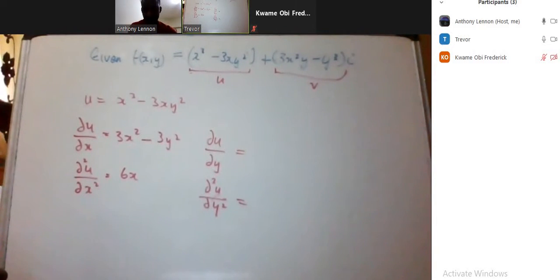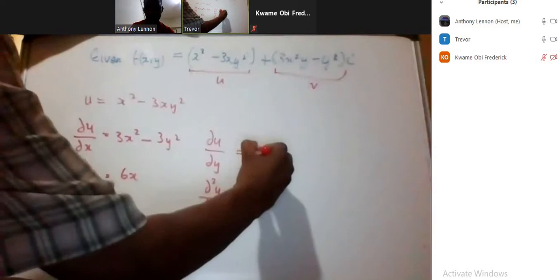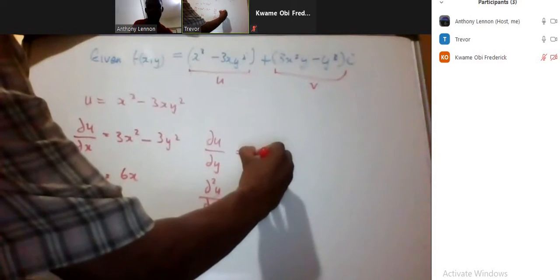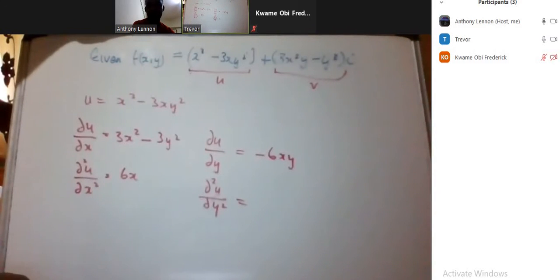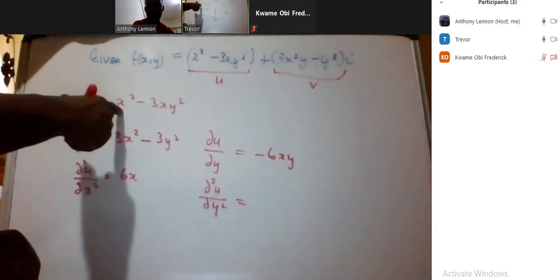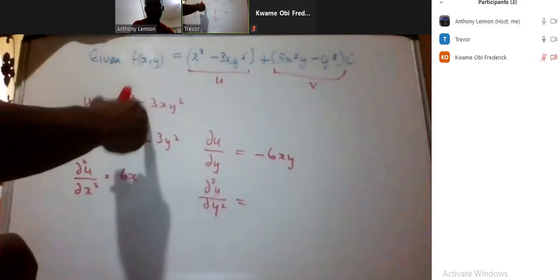All right, so that's differentiate u with respect to y. That will be 0. So that'll be negative. And then that 2 comes down, becomes minus 6.